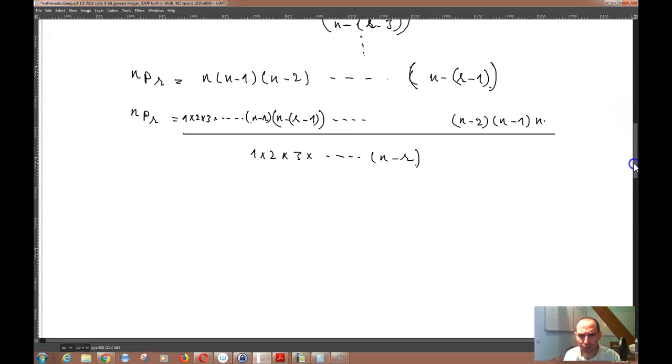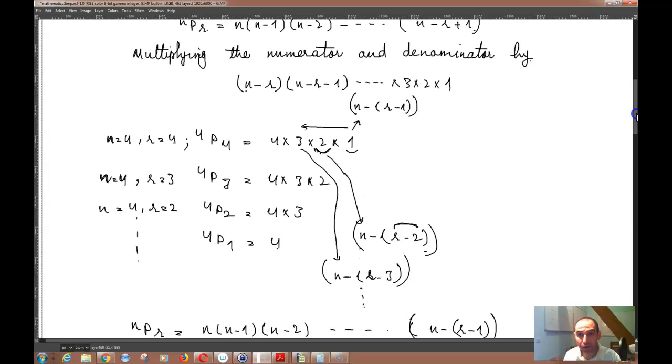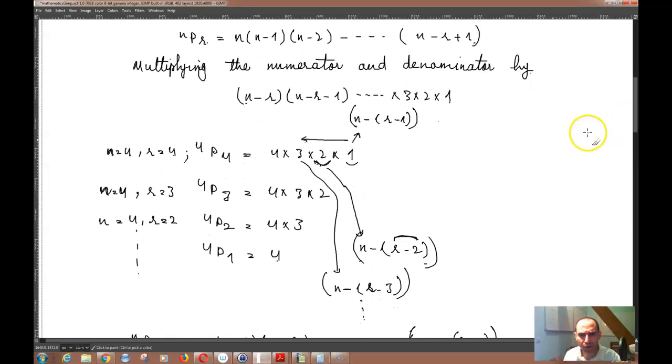Now what I need to do is write this as n minus r over here, n minus r minus 1.